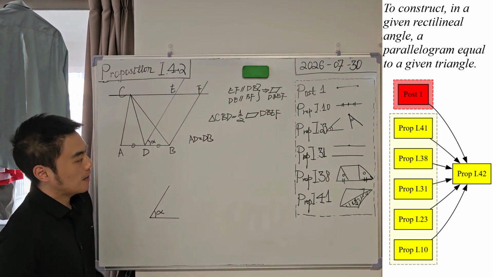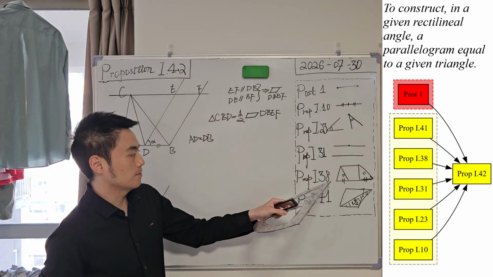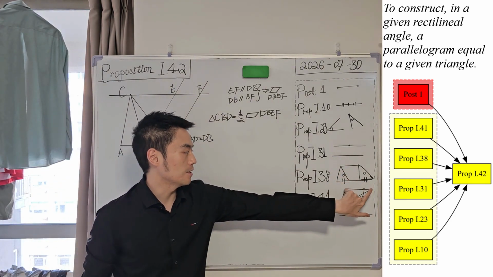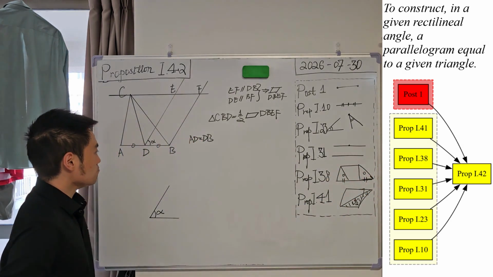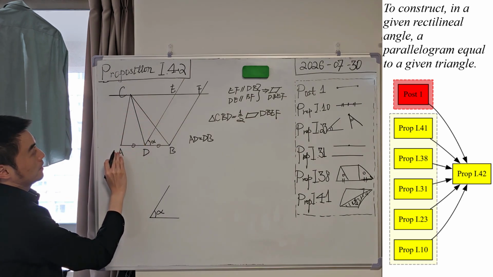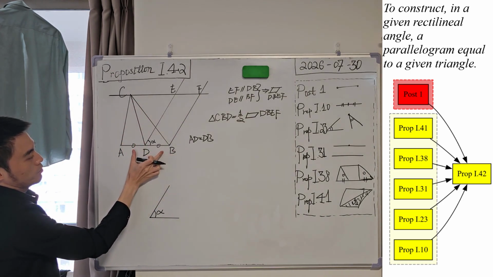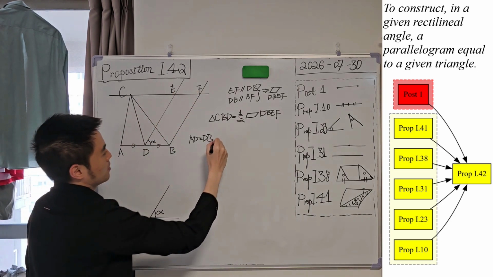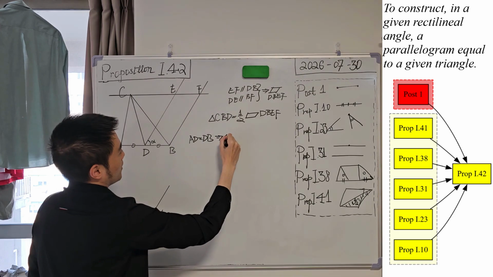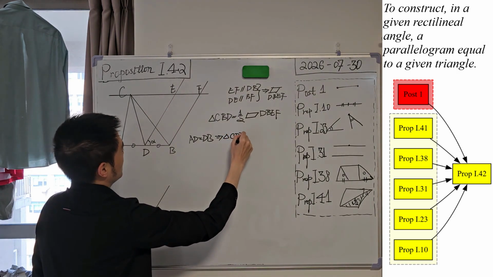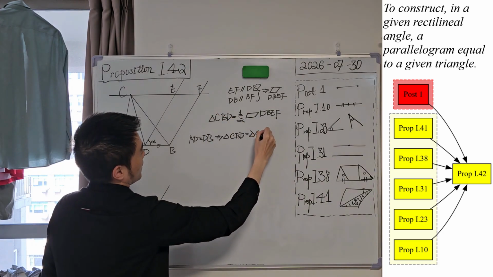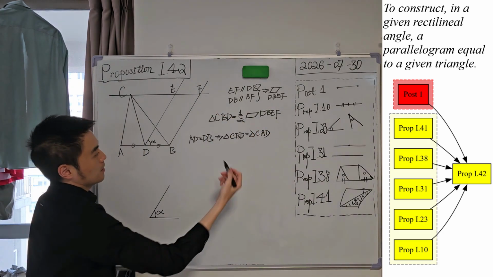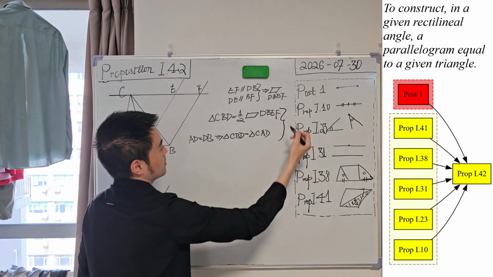And then we can apply proposition 38. If two triangles have the equal base and they are in the same parallels, then they are equal. Have a look at these two triangles, ADC and DBC. They have the equal base and they are in the same parallels. So we know that triangle CBD equals triangle CAD, correct?